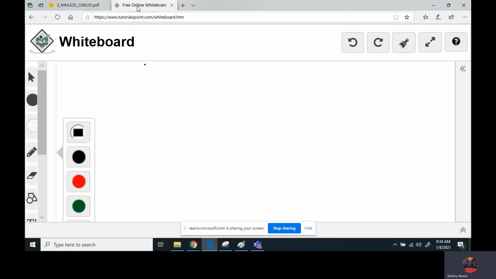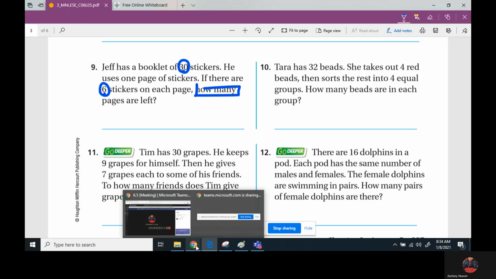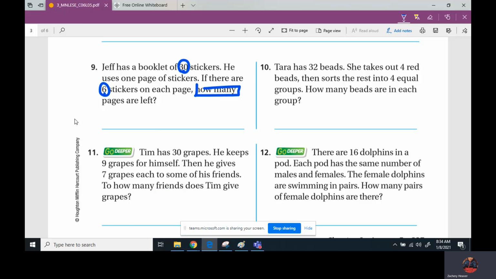Let's use our whiteboard for this. So we have 30. These are going to stand for pages. I'm not going to do that because it doesn't look too good. So we have 30 divided by 6. And I don't have enough room to do the subtraction, so we're just going to skip count. So let me get up a multiplication chart.